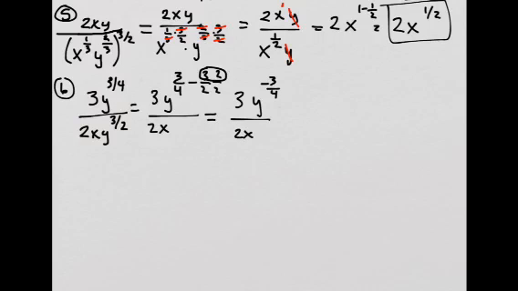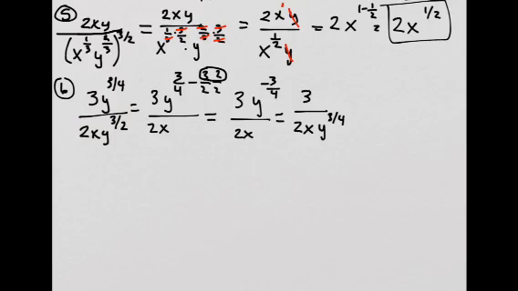Now usually we keep the variables with a positive, so, excuse me, we want the exponent to be positive, not negative, so we're going to bring it back to the bottom. So 3 over 2x y to the 3/4.